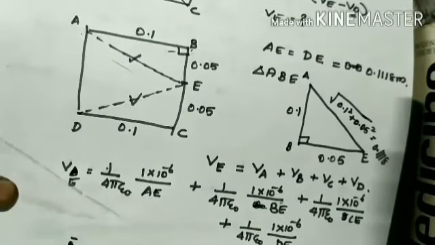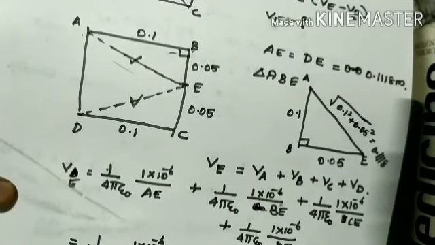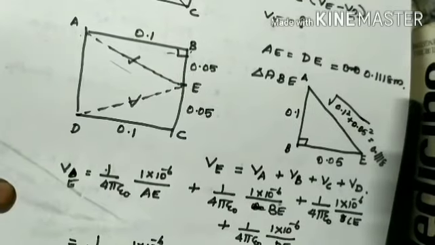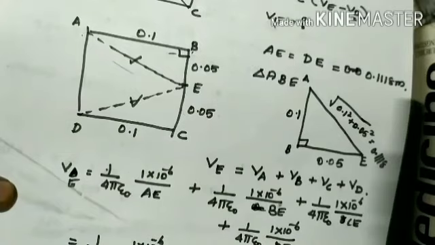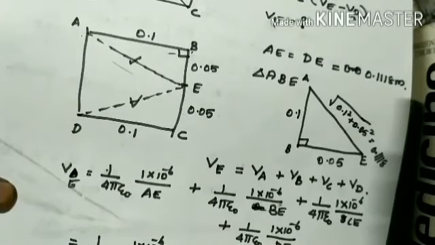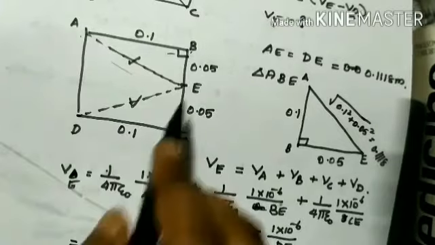Now substitute the values. AE is 0.1118. 1 by 4 pi epsilon naught 1 into 10 to the power minus 6, BE is 0.05.